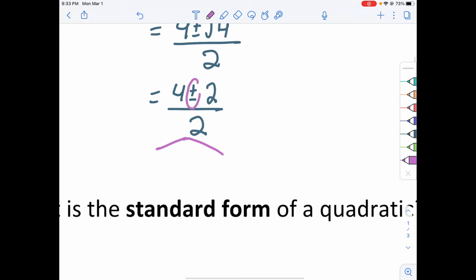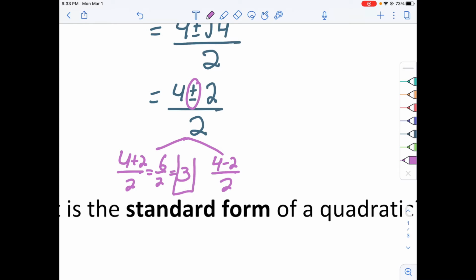We know it's always 2 separate things because of that plus or minus. So it's 4 plus 2 over 2, and 4 minus 2 over 2. 4 plus 2 over 2 becomes 6 over 2, which gives us 3. On the other side, 4 minus 2 becomes 2 over 2, which gives us 1.